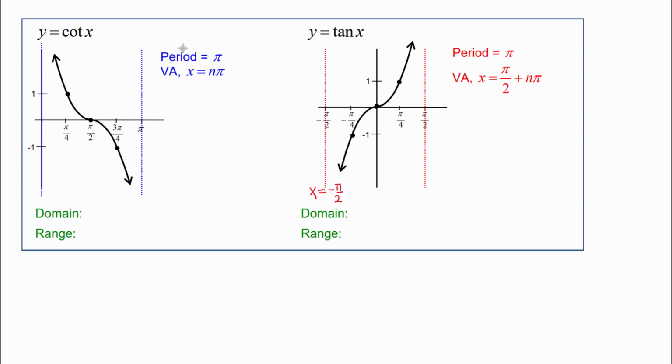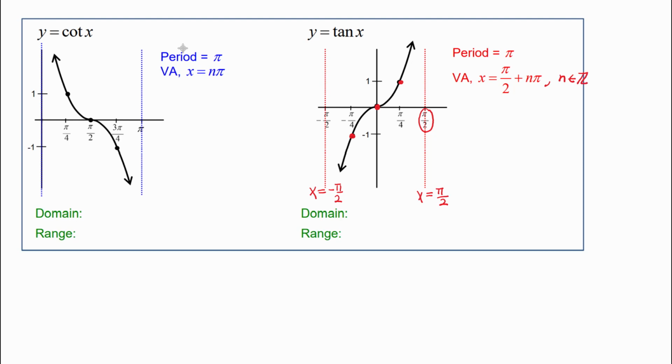Then a key value, negative pi over 4, negative 1, and a 0, 0, and pi over 4, positive 1. And another vertical asymptote, x equals pi over 2. The vertical asymptotes are at pi over 2 plus n pi, where n is an element of the integers.